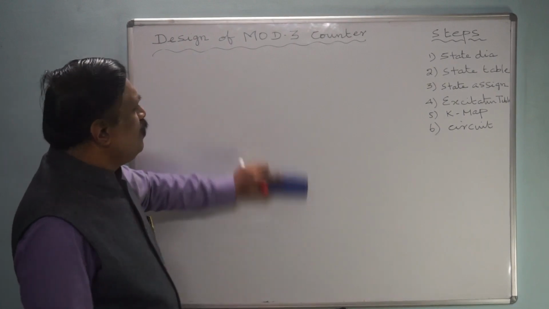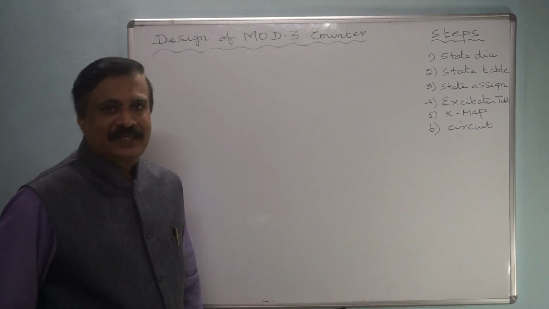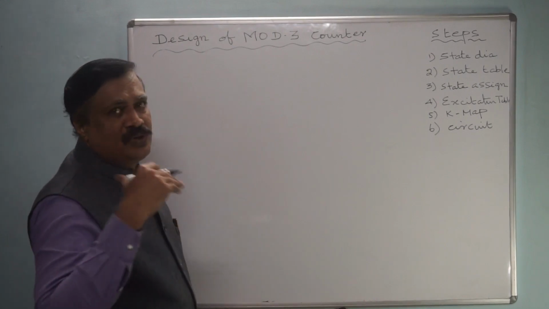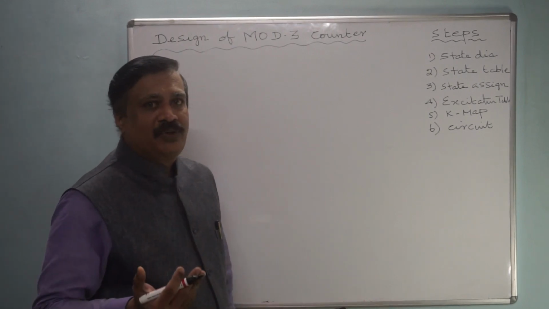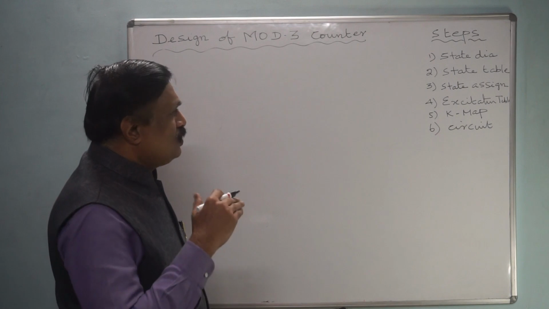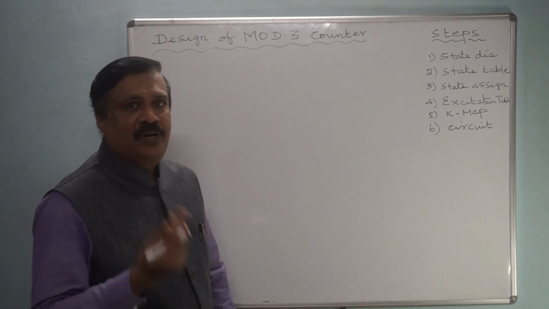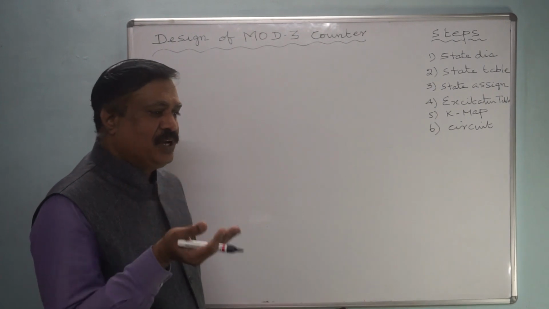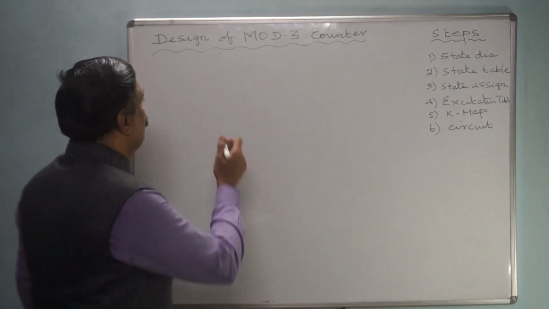Now, how to prepare the state assignment table? For that we are going to use flip-flops, and a 2-variable truth table. Usually we put A and B as variables. Here I take Q0 and Q1, because I am taking the outputs of the flip-flops.